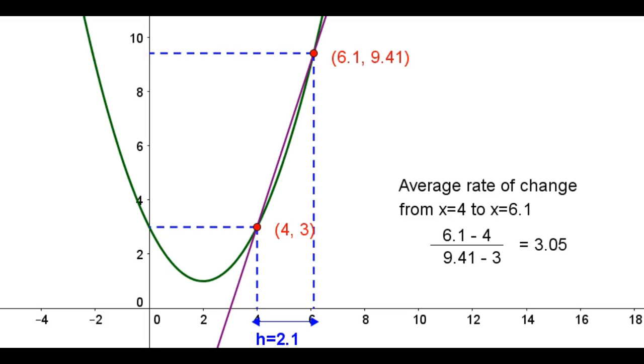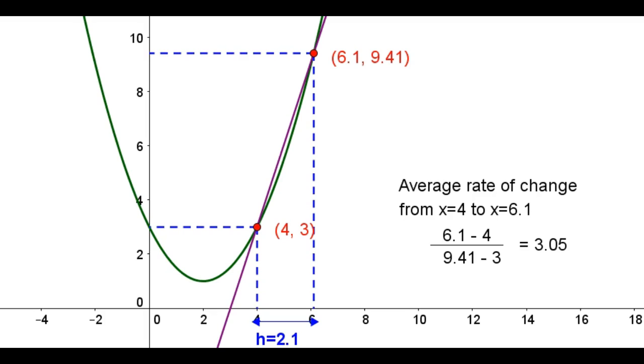So what you can see here is the graph of a parabola, and we have 2 points on that parabola that we've selected to find the average rate of change between those 2 points. Now you can see the secant line that contains those 2 points, and you also can see down toward the bottom the value of h, which is the distance between the x-coordinates of the 2 points.